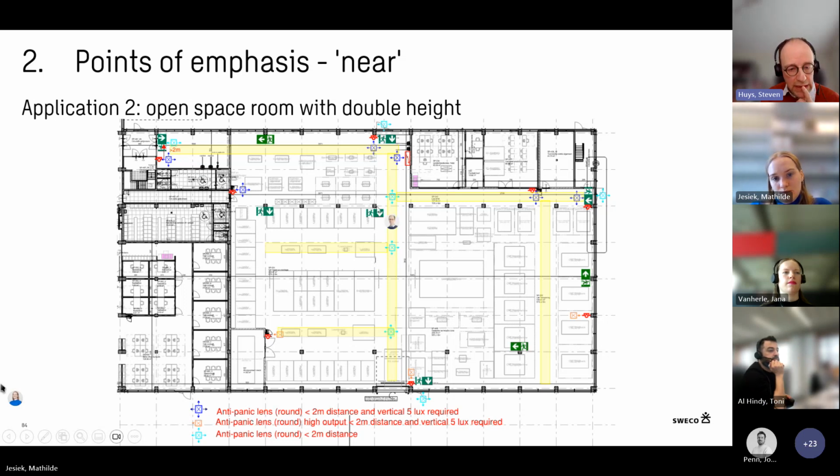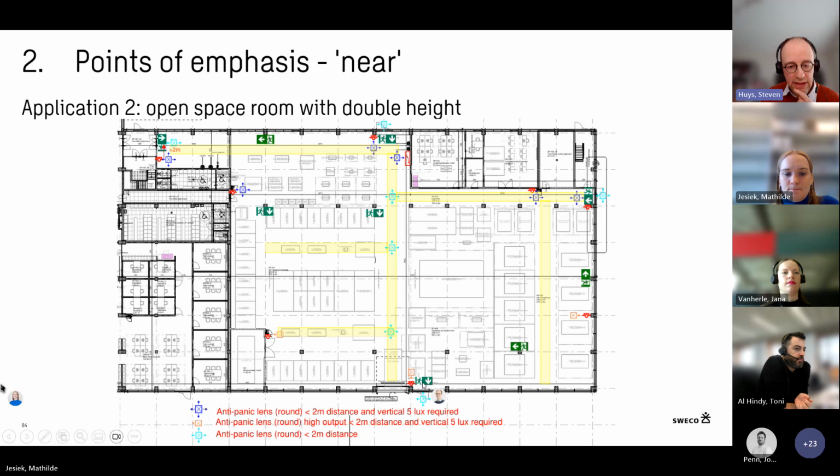So the yellow hatching is the escape route in that open area. So at all intersections of the escape routes, we place an anti-panic luminaire. Here we already had one, so it's in the light blue. We also added one at the outside area at the escape doors.